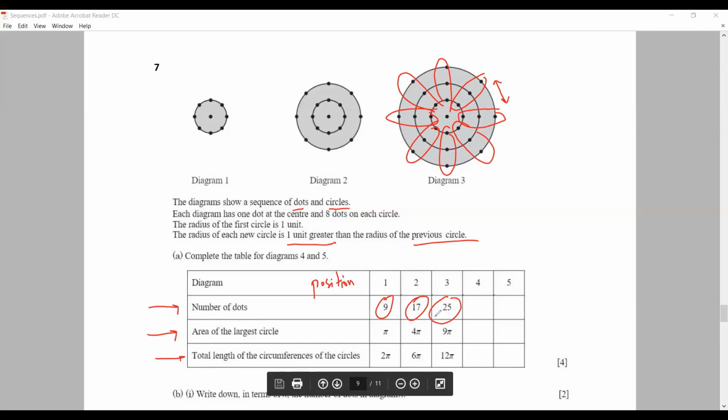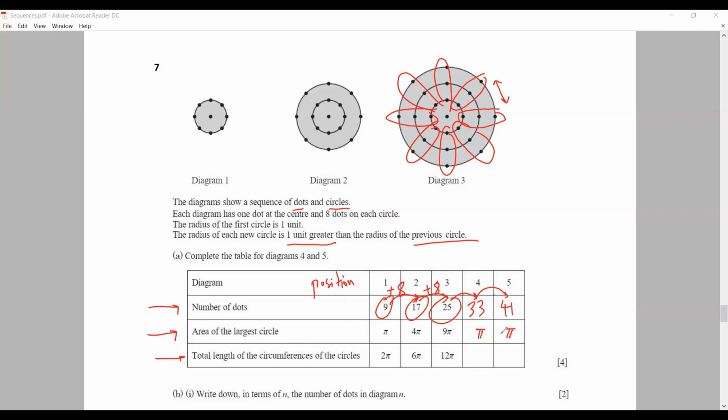For the first row, which represents the number of dots, I think this is arithmetic. This is easy to figure out: 9 plus 8 gives you 17, plus 8 again. So I have to add 8 two more times, and I get 33 and 41 respectively. Now the second row, the area of the largest circle. Pi is always there, of course.